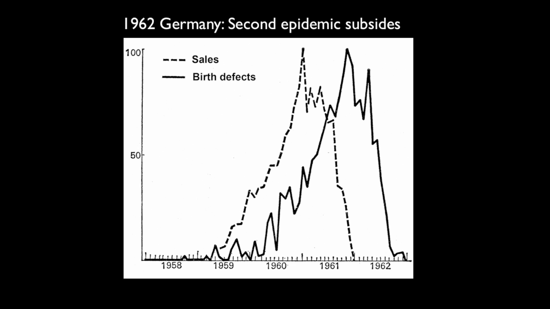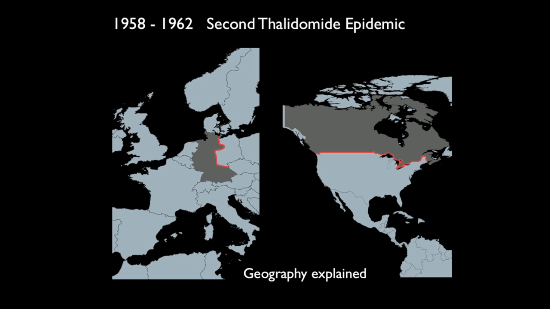Now we can have another look at the second thalidomide epidemic and its geography, and we can explain it. Thalidomide, as we've seen, emanated from West Germany. Now the East Germans had refused to let it into their market because their scientists were not convinced of its safety or efficacy. So it was sales, not science, that explained why birth defects stopped at the Iron Curtain.